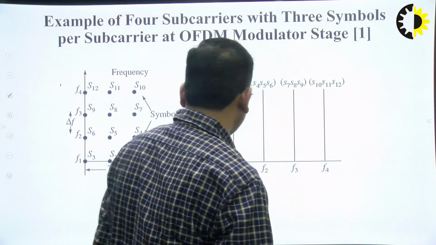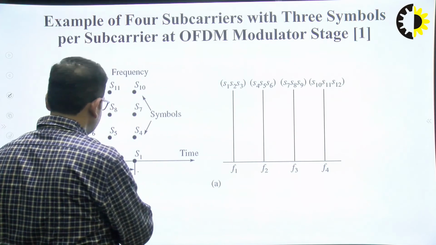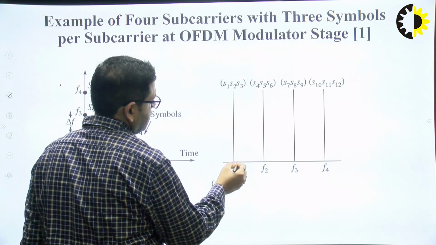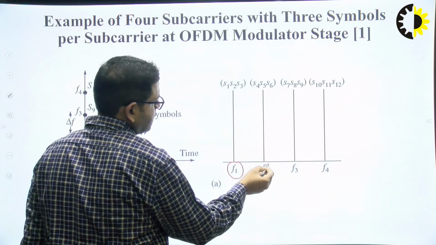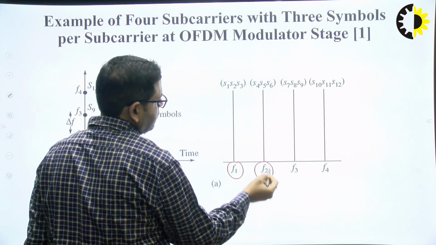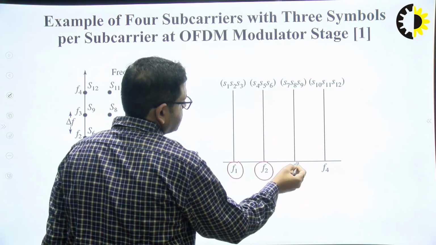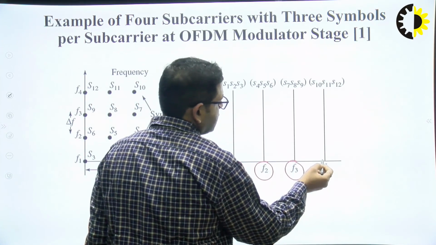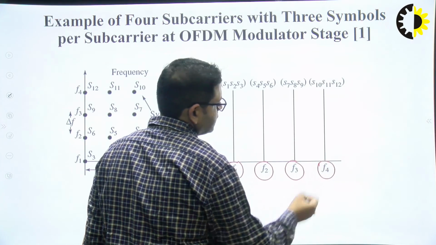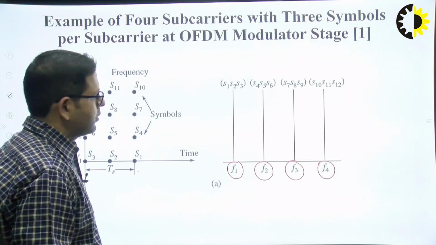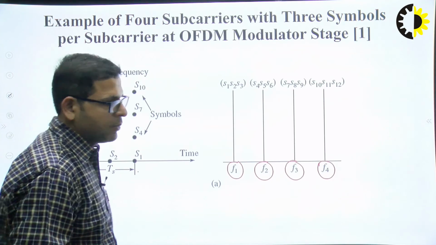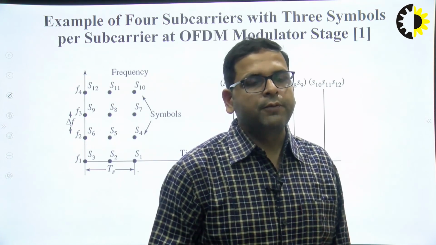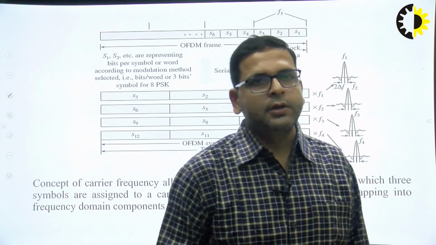The symbols S1, S2, S3 are allotted a frequency of F1, S4, S5, S6 utilize frequency F2, S7, S8, S9 utilize F3, and S10 to S12 utilize F4, and these 4 frequencies are orthogonal with each other, and this condition minimizes the effect of inter-symbol interference.